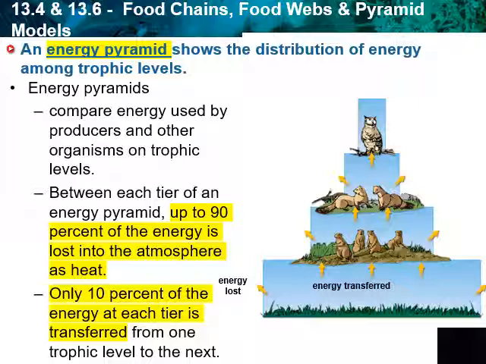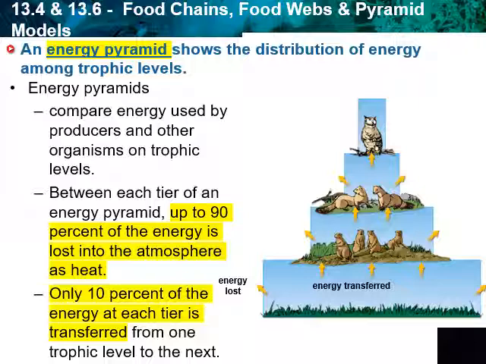This is a super, super, super common question for them to ask you on your EOC. They might actually give you a number. They might say there's 1,000 kilocalories of energy down here. How many are left at this third level? Well, you need to divide by 10 for each level. So this would be 1,000 divided by 10, which would be 100. 100 divided by 10, which is 10.